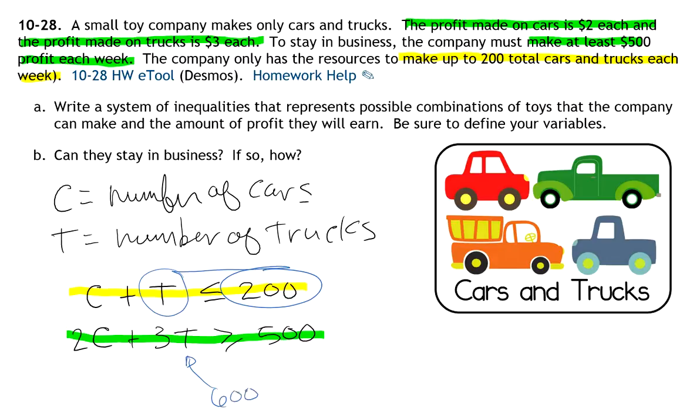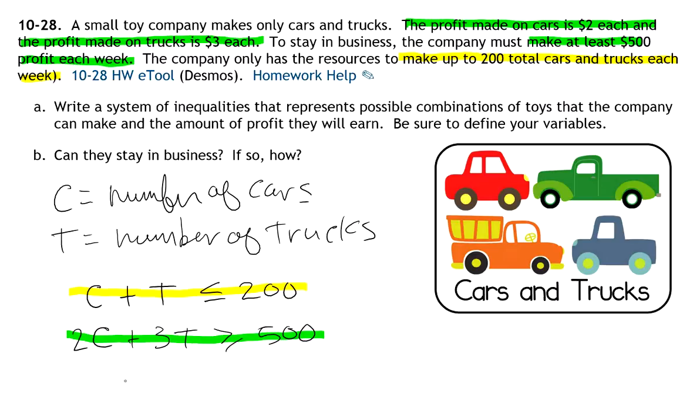So I'm clearly clearing the $500 profit that I need each week. But there is something to be said for variety. So maybe I want some cars, right? Well, I guess maybe the question is how many cars can I make and still be profitable? So if half of my production was cars and half of my production was trucks, actually that would work.